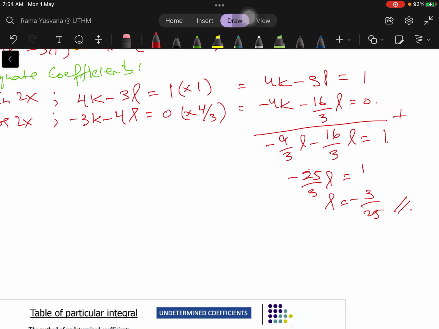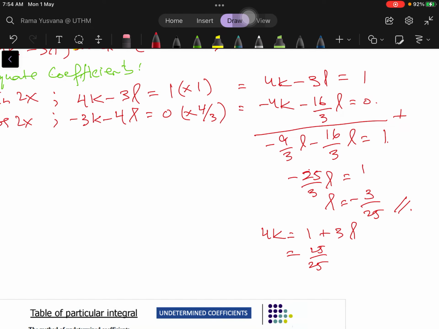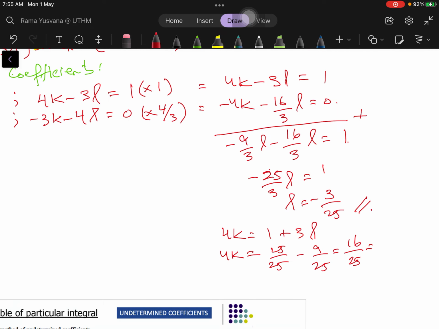And therefore our 4k equals 1 plus 3l, just substitute: 25/25 minus 9/25 equals 16/25, which equals 4k. So k equals 4/25.